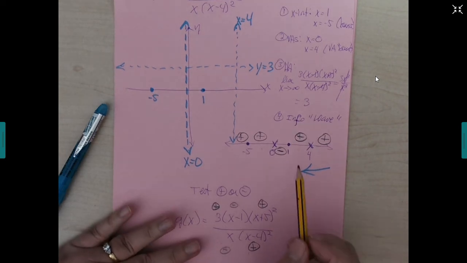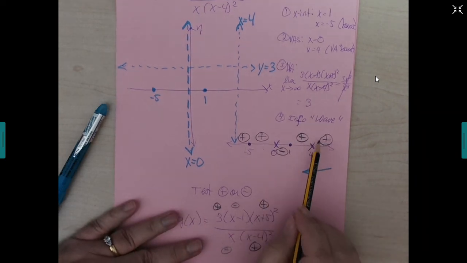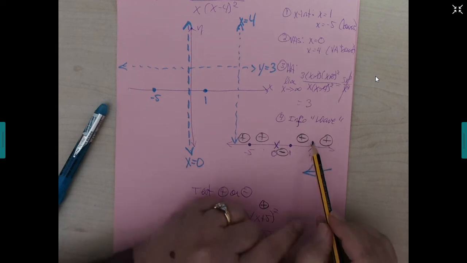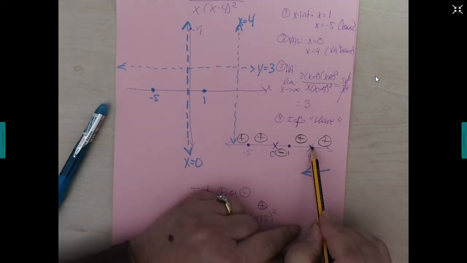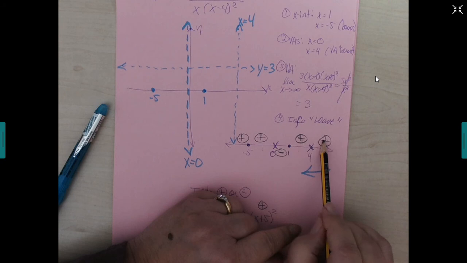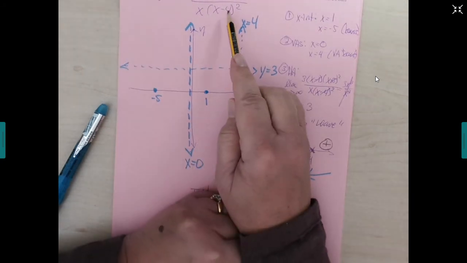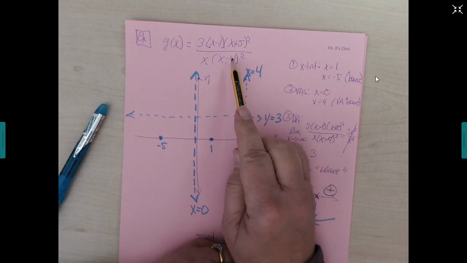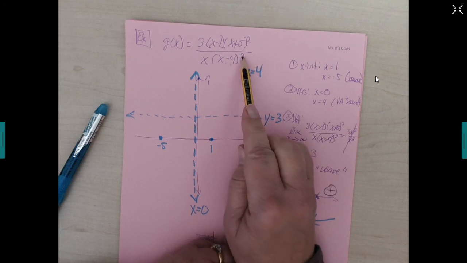Let's look at this. Let's just kind of look at this to make sense out of it. Look at what's going on around this vertical asymptote. Both sides of your graph are going in the same kind of direction. They're both positive. Does that make sense with your vertical asymptote here with this situation going on?